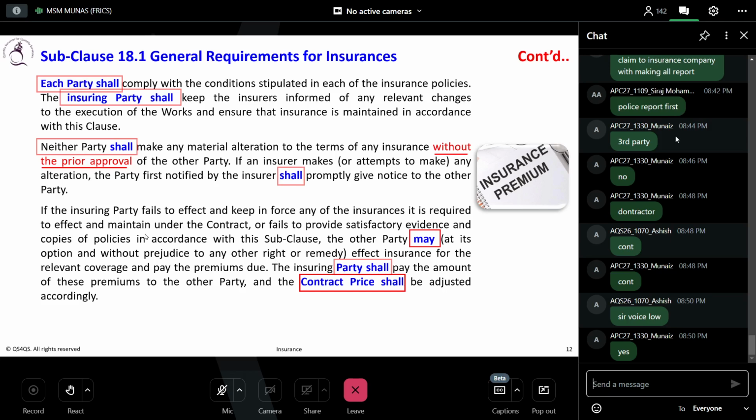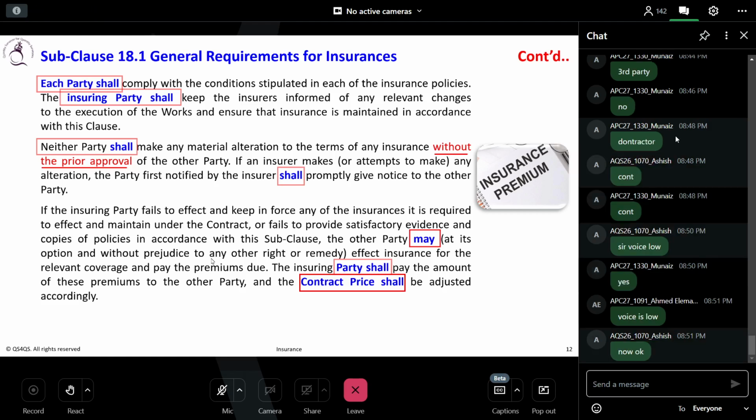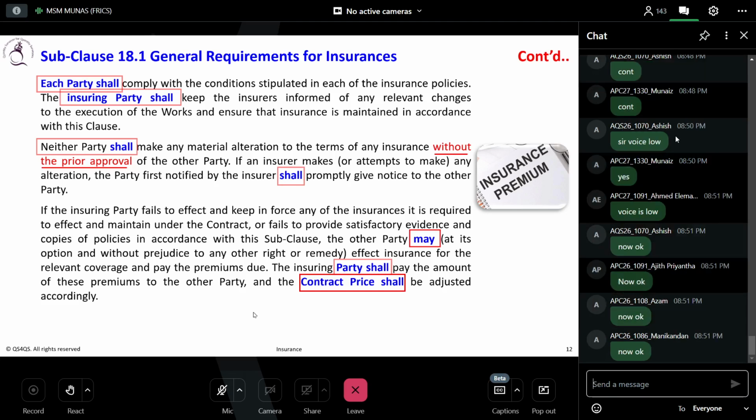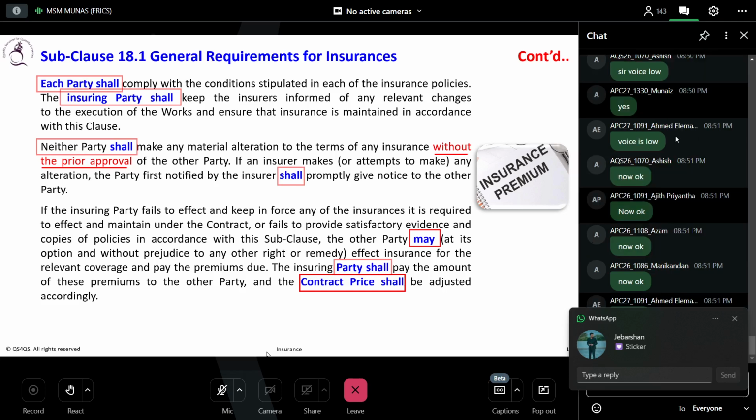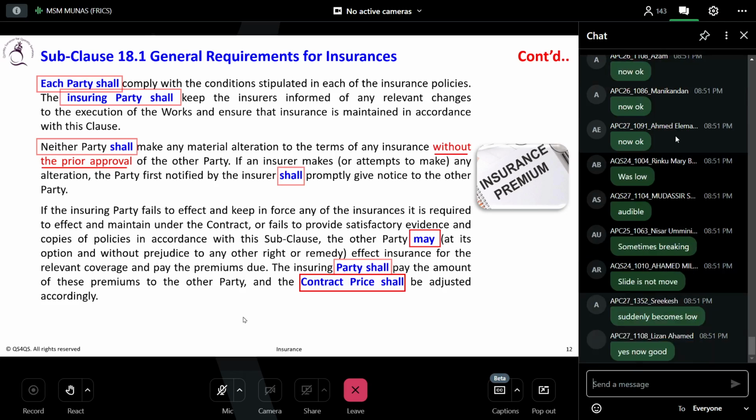So if anything is going to expire, the employer must notify the insuring party. Let's say the insuring party is the contractor and he didn't extend the insurance validity period.